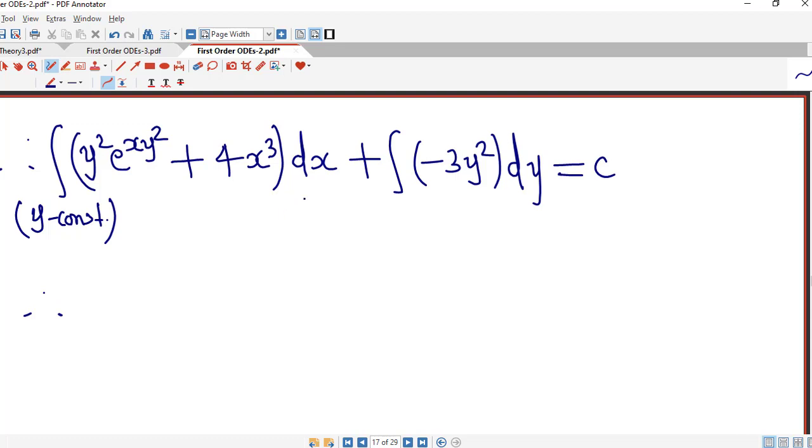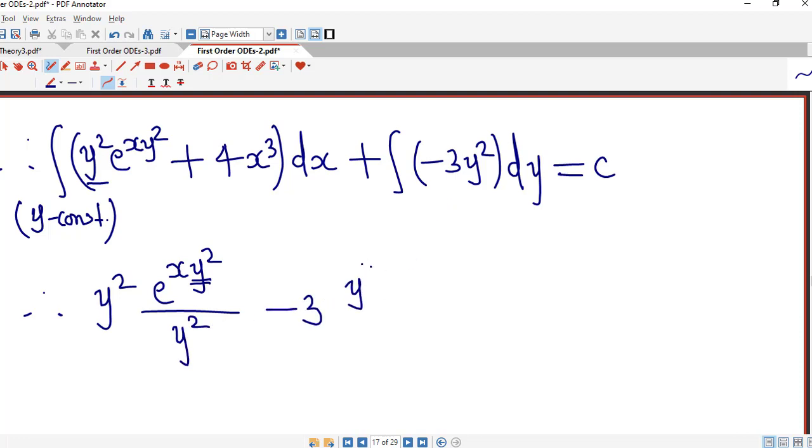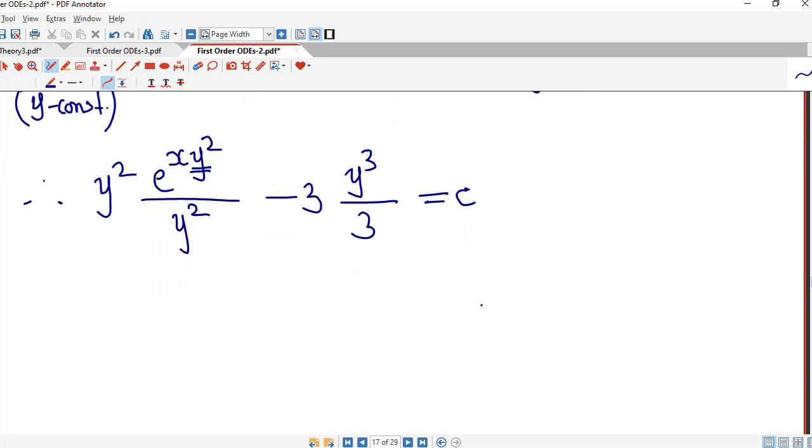Here the integral is with respect to x, so y square is constant. The integral of e raised to xy square is e raised to xy square, and we have to divide by the coefficient of x which is y square here, so we divide by y square. Minus 3 constant, the integral of y square is y cube by 3 equal to c.